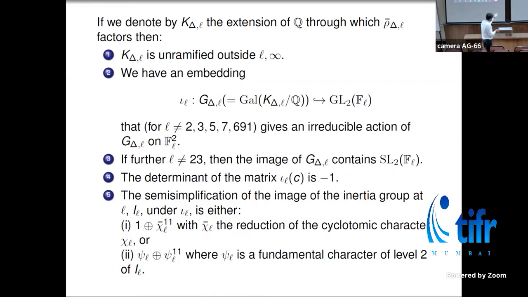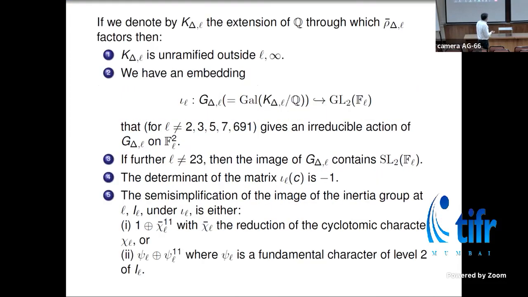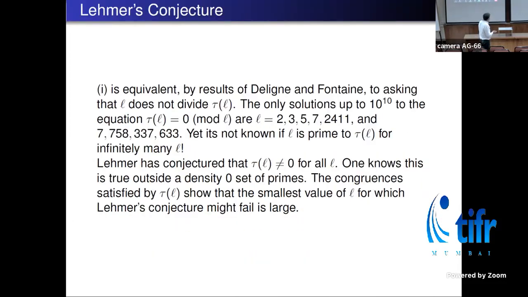In the second situation, the local representation at l is irreducible, and on inertia it has this shape. In fact, this dichotomy is related to the property of tau(l) mod l. The first case occurs whenever tau(l) is prime to l, and the second case occurs, when the local representation is irreducible, when l divides tau(l).